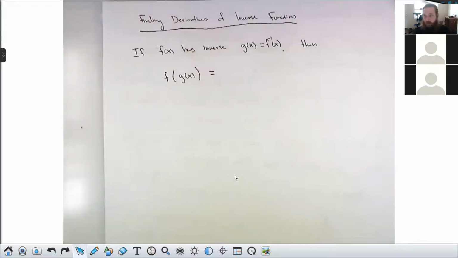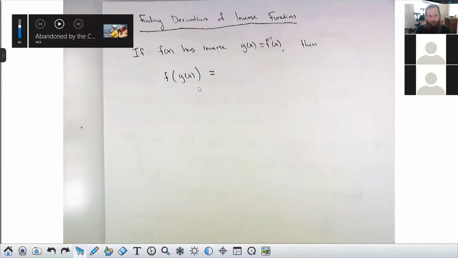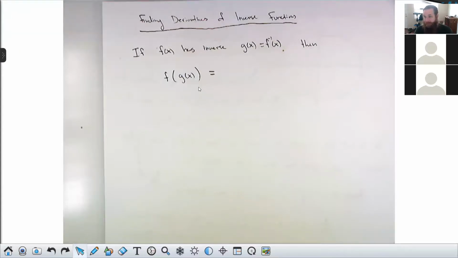If g is the inverse of f, what happens when you compose a function with its inverse? What do you get? What is the natural log of e to the x? What is the square root of x squared? What happens when you plug an inverse function into the original function?